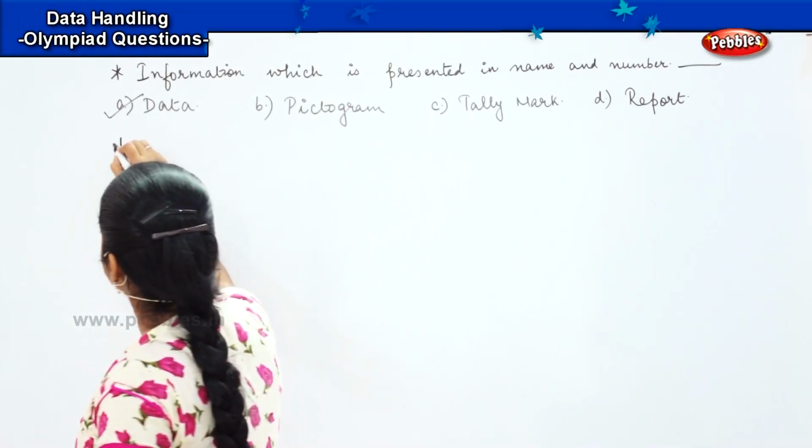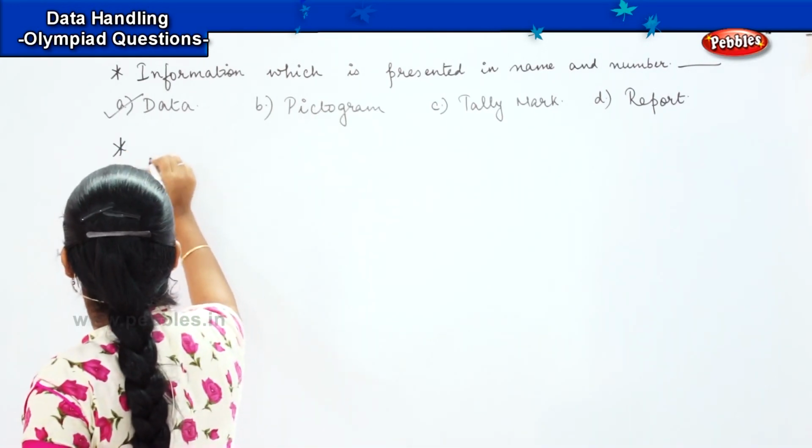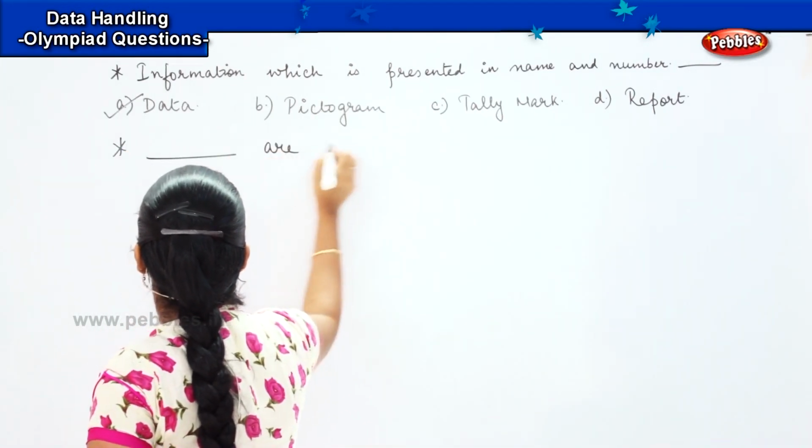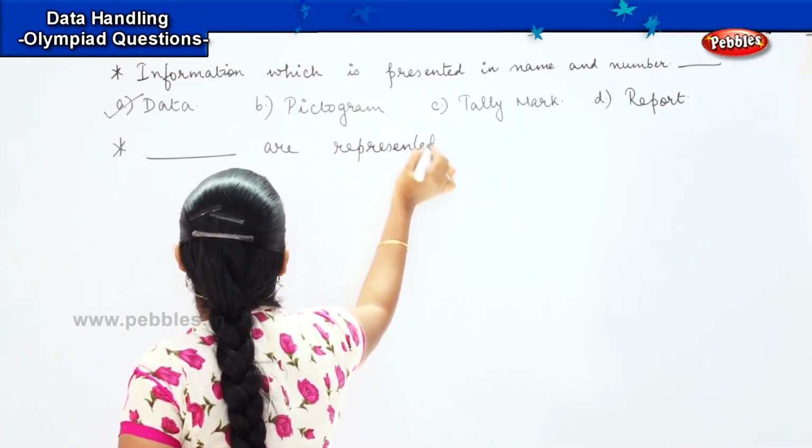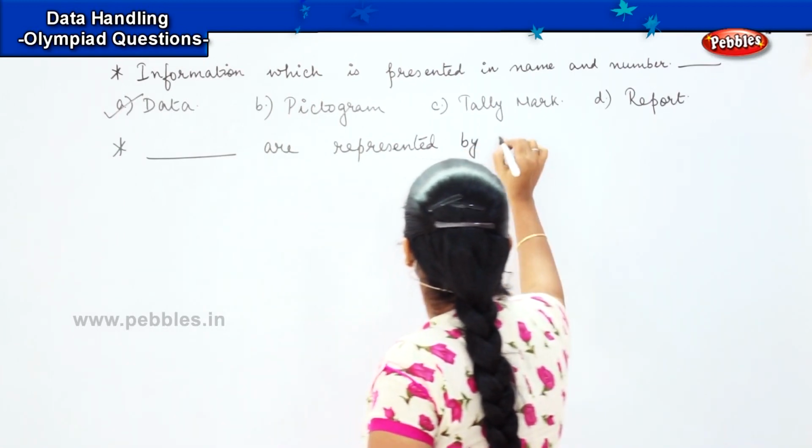Okay, so here is your second question. Dash are represented by vertical lines.